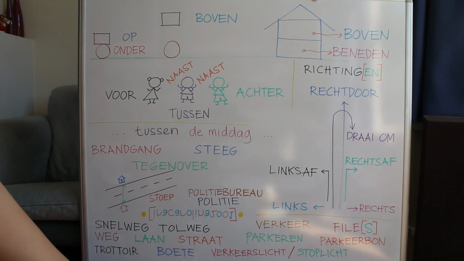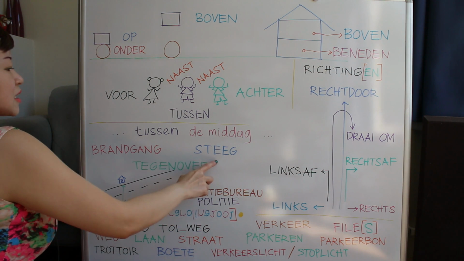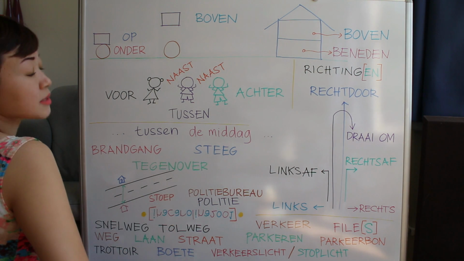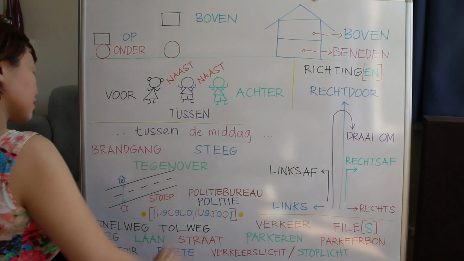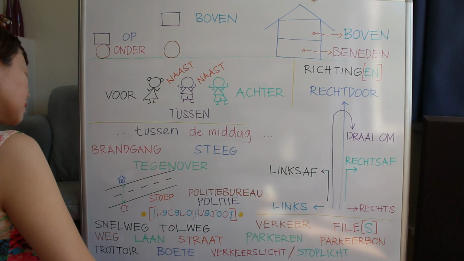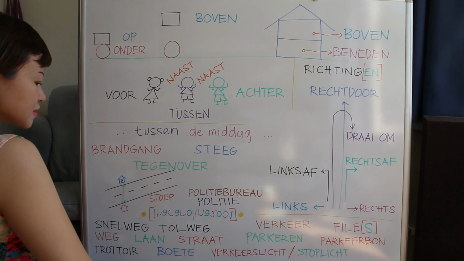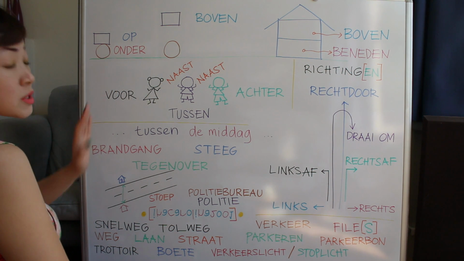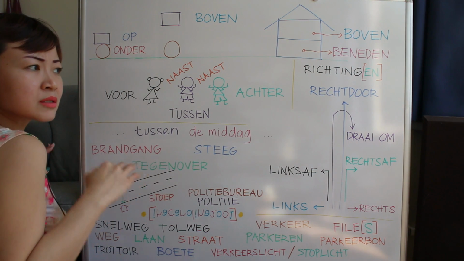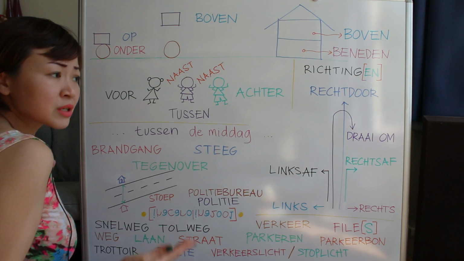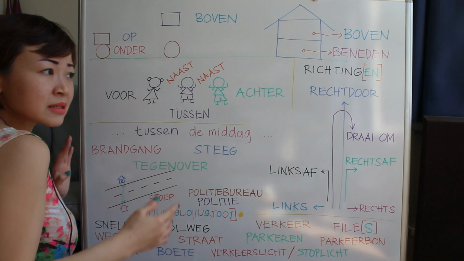And now we will learn this one. Steeg, alley. Alley is steeg. And in the Netherlands, from one house, it's long ago, because nowadays the construction and the structure material is different.